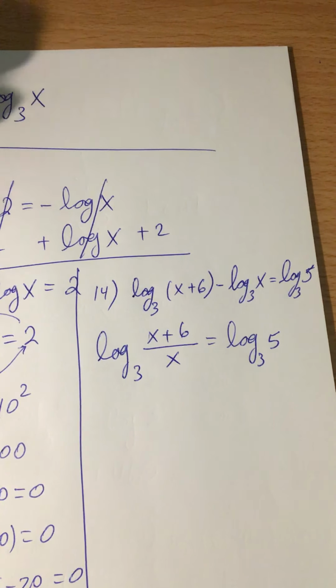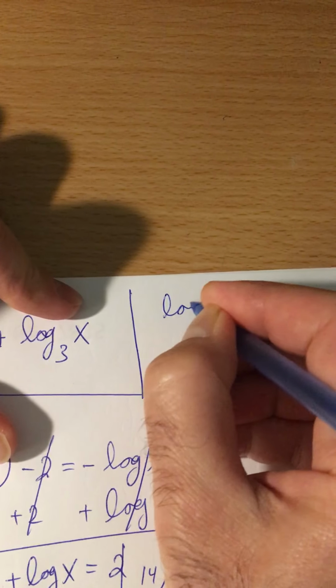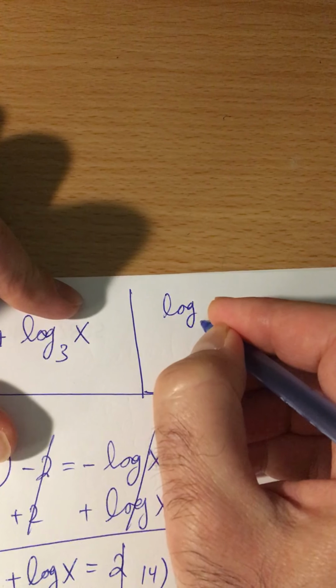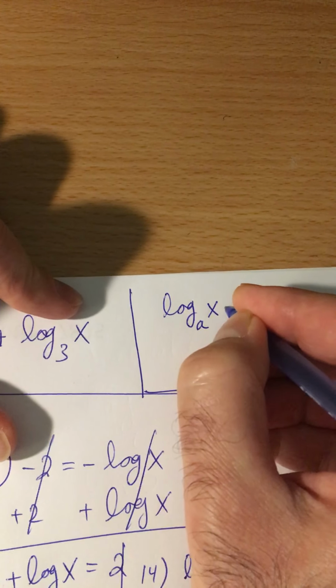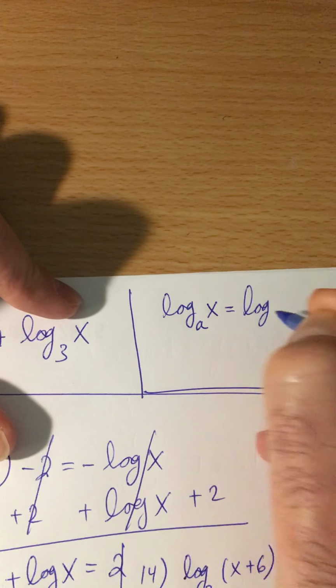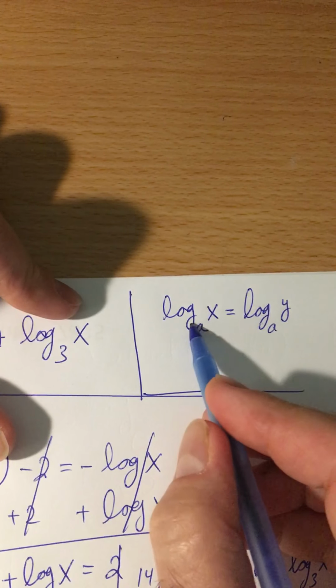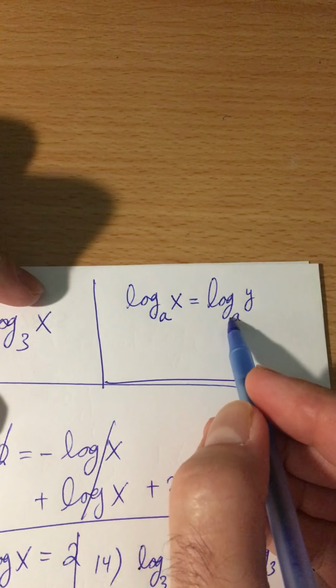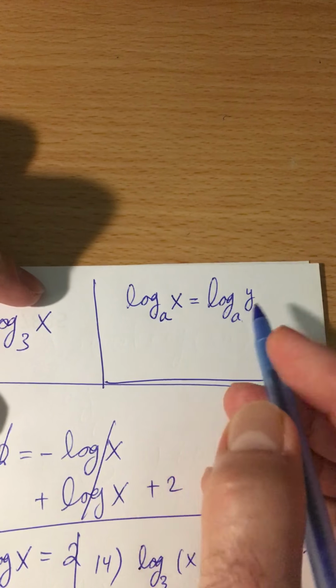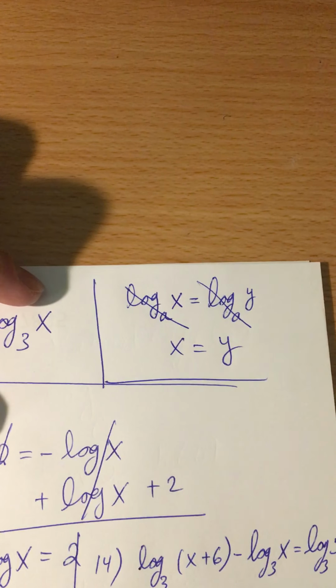Okay, now let me give you one more rule here before we go any further. If you have a single logarithm on the left, a single logarithm on the right with the same base, you can just cancel these and set these two quantities equal to each other.